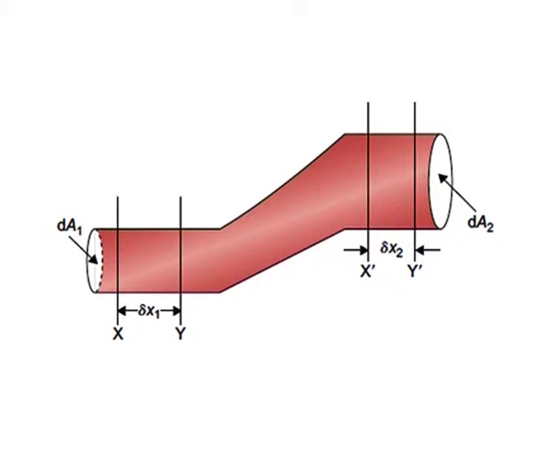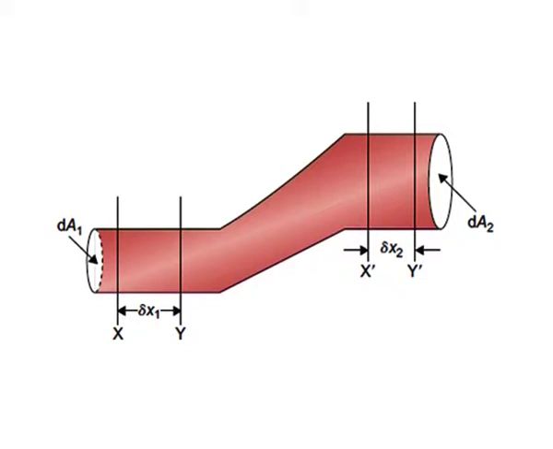The cross sectional area at x is dA1 and at x bar it is dA2. We have selected different cross sectional areas at the two ends to show that our derivation will be applicable to such variations. For the matter to be conserved, the mass contained in space x bar must be equal to that of y bar.